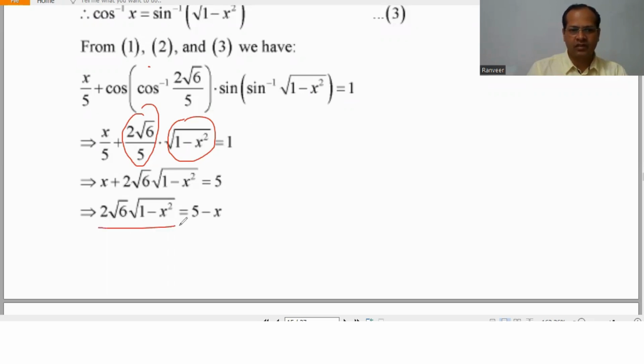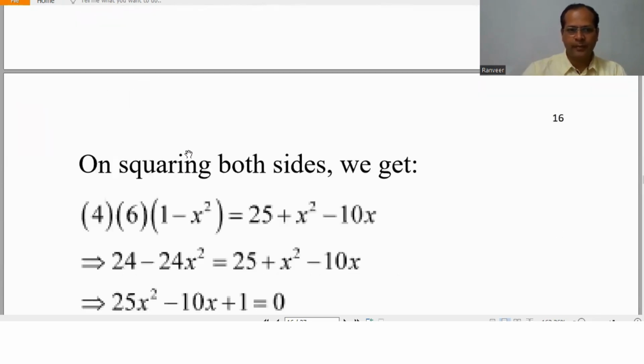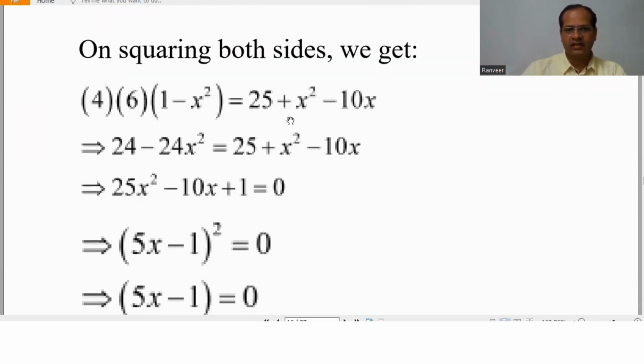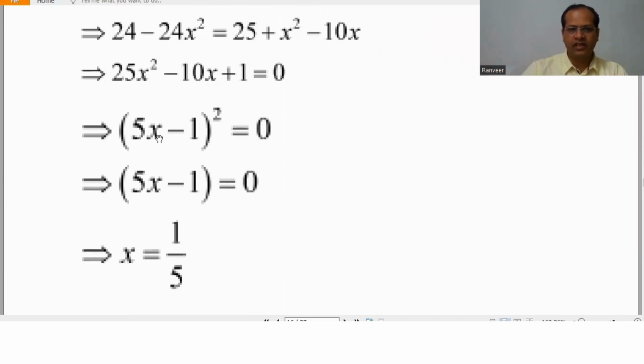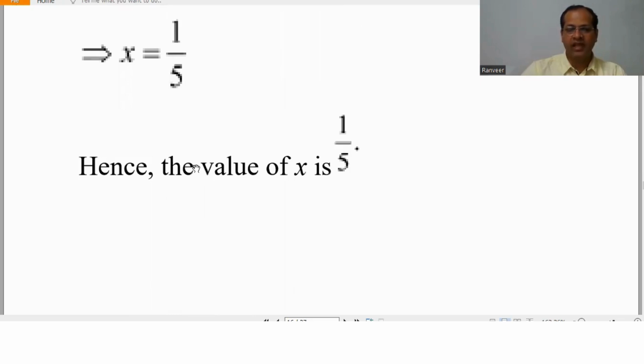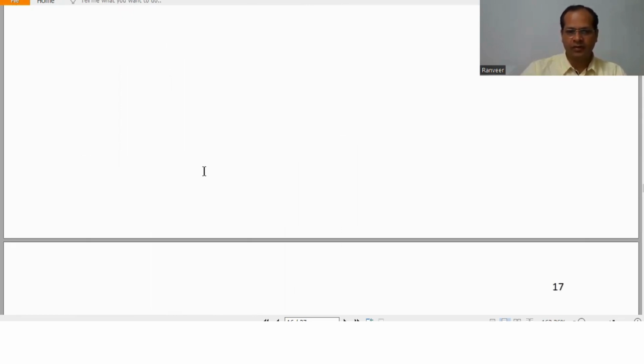So 2 root 6 times root of 1 minus x square equals 5 minus x, and we have to solve this. After squaring, this is a quadratic equation, (5x minus 1) whole square equals 0, so x equals 1 by 5. This is the lengthiest way, but I already told how to think about the question and what the basic approach is. That is for the objective purpose.